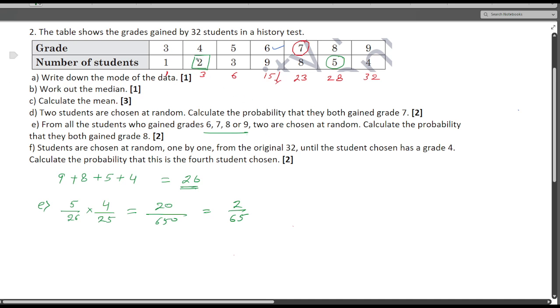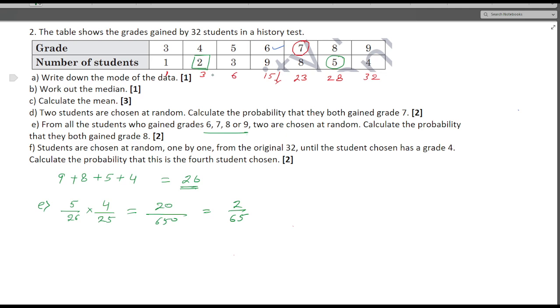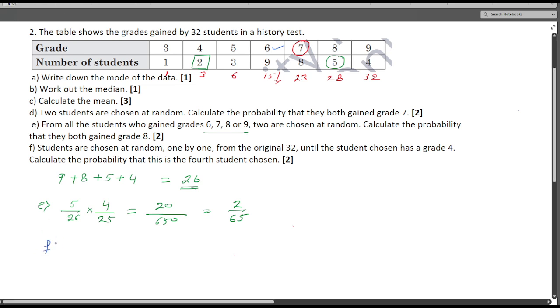Out of 32, the probability that the first student chooses a grade other than 4 is 30 divided by 32. Then the second student choosing a grade other than 4 is 29 divided by 31, and the third student is 28 divided by 30, and the fourth student chooses grade 4.